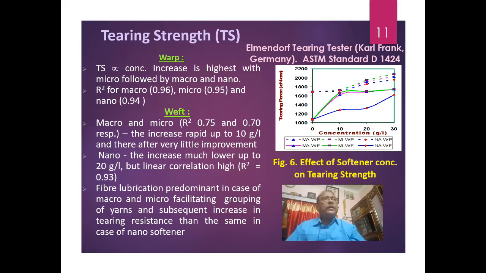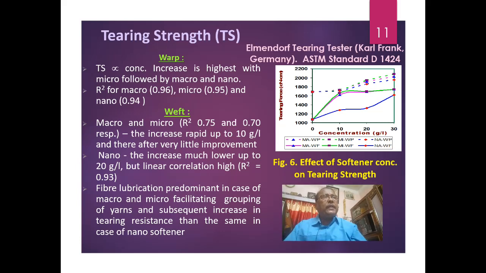For weft, the correlation is comparatively poor. For macro and micro, the coefficient of correlation between tearing strength and concentration is poor, about 0.75 and 0.70 for macro and micro. The increase is rapid up to 10 grams per liter, and after that there is very little improvement.